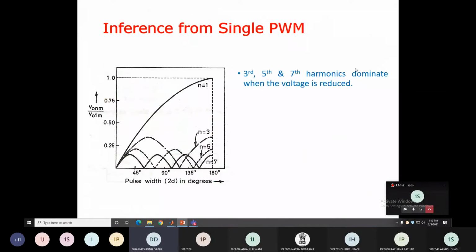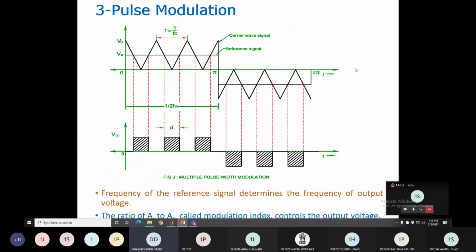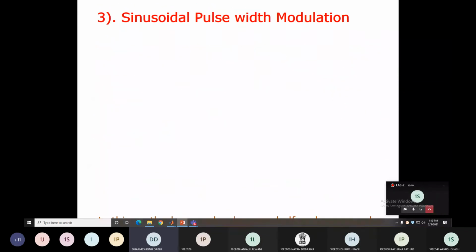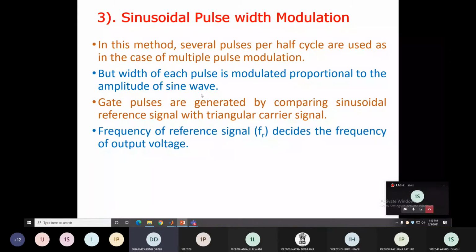But in this SPWM technique, we take the sine wave as the reference signal and compare it with the triangular wave. Only this changes in this technique, because of the reference signal, and that's why this method is called sinusoidal pulse width modulation.